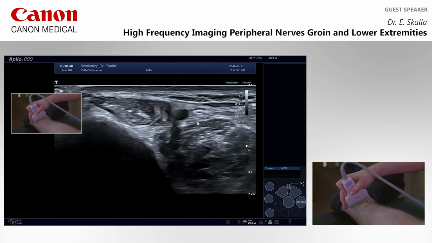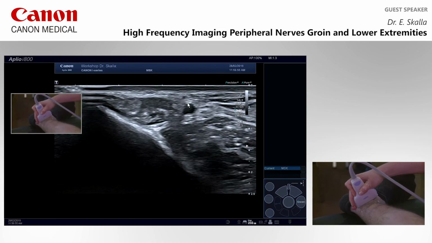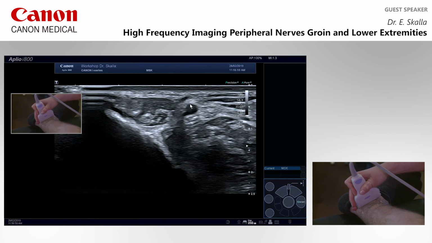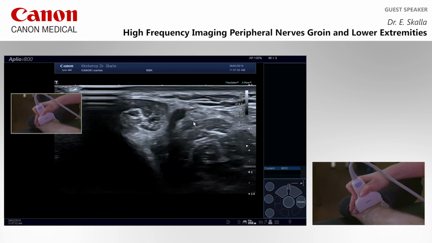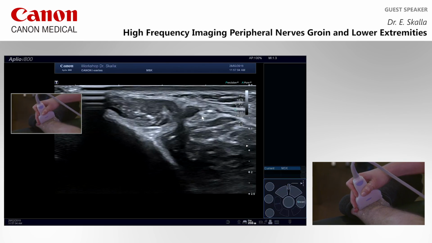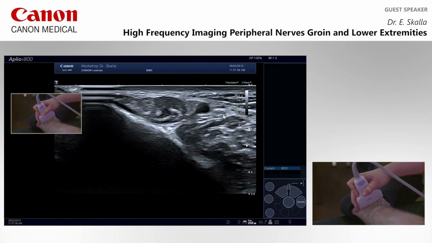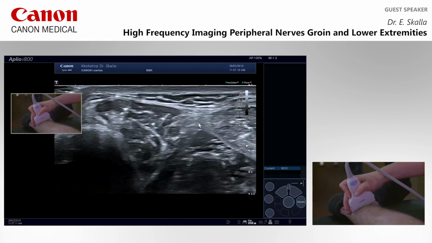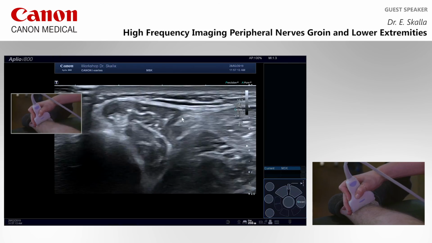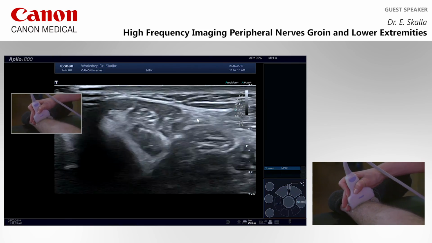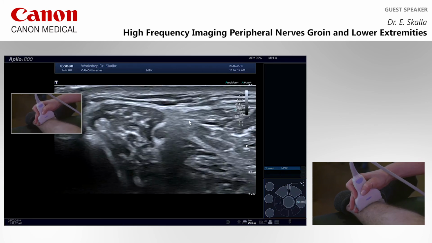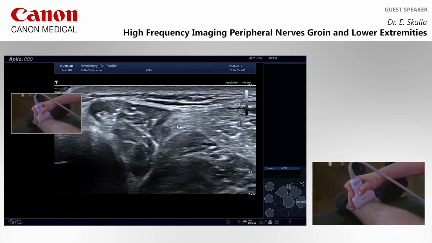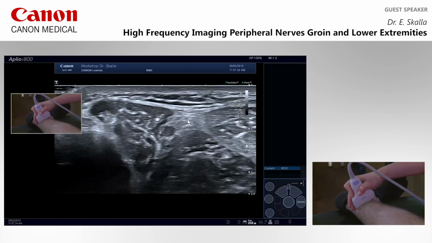We can follow the nerve now in the tarsal tunnel. Here's the flexor retinaculum, always in the neighborhood of the posterior tibial artery. And here we have already the bifurcation of the tibial nerve in the medial and the lateral plantar branch. When we want to see the medial calcaneal branches, we just have to scan the nerve and see when small branches leave it.